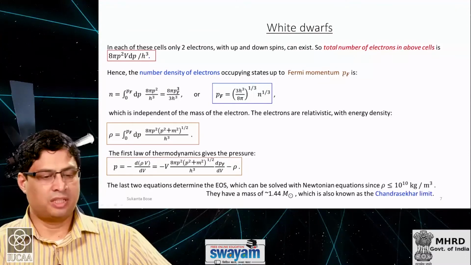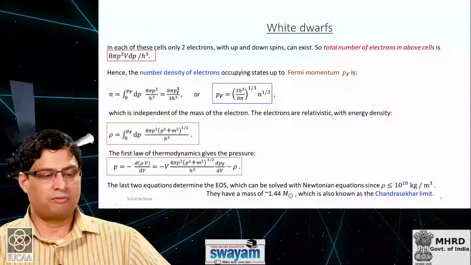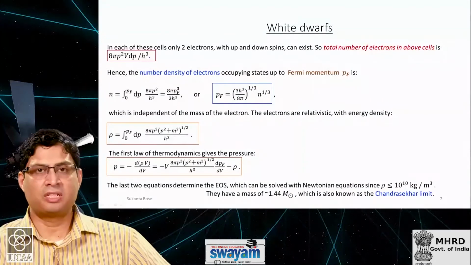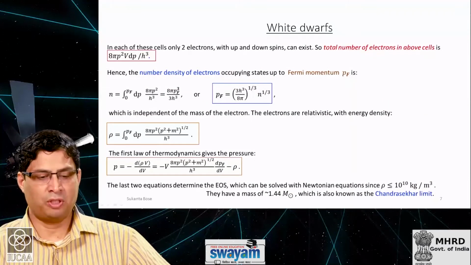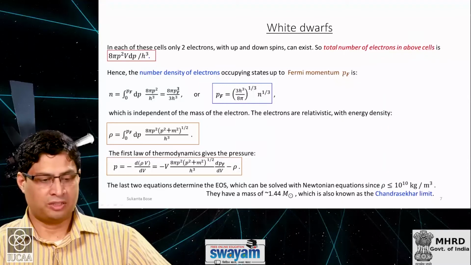So, this is the equation that allows us to then use the expression for rho to give the pressure of the star in terms of this derivative of the Fermi momentum with respect to the volume and the density. Okay. So, the previous equation and the first law of thermodynamics lead to this pressure density relation.